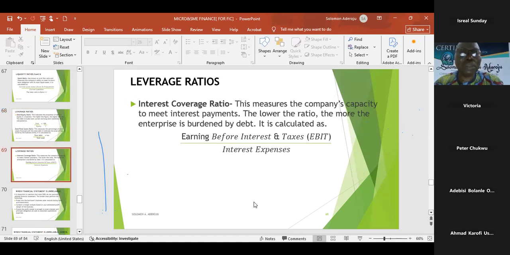And the other one is interest coverage. So interest coverage is earnings before interest and tax, EBIT, over interest expense. What we are saying here is, can they pay interest expense to people that have given us debt or money? So the formula is EBIT over interest expense.